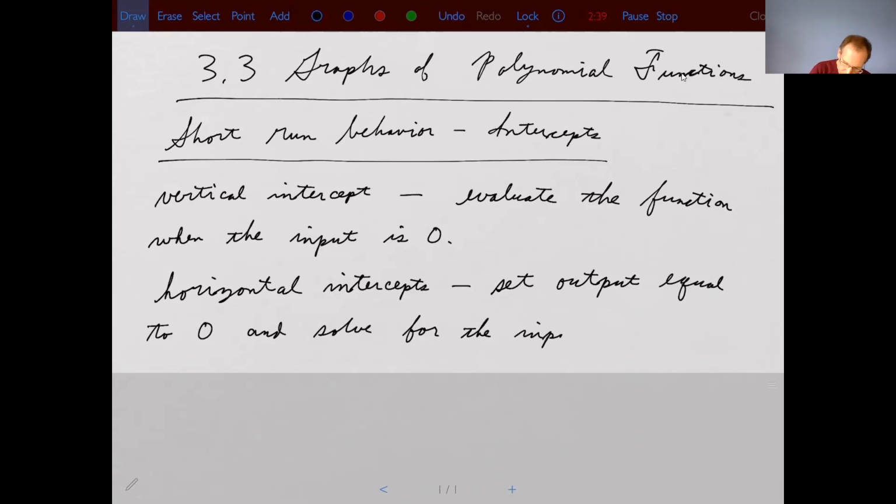If I call the inputs x and the output y, then I would set y equal to 0 and solve for x, and that would give me the horizontal intercepts. So nothing new, it's just now we're going to consider general polynomials. Okay, so here's an example.